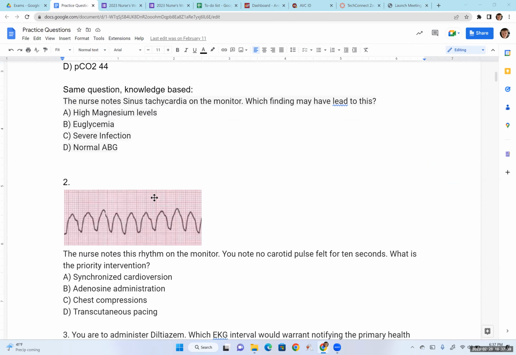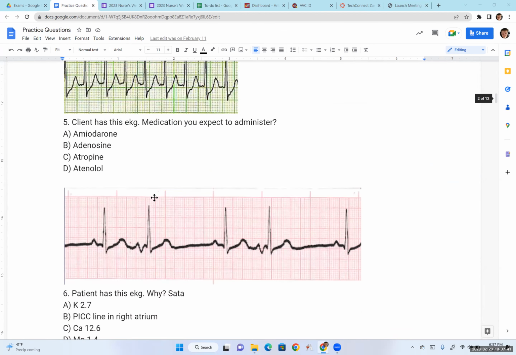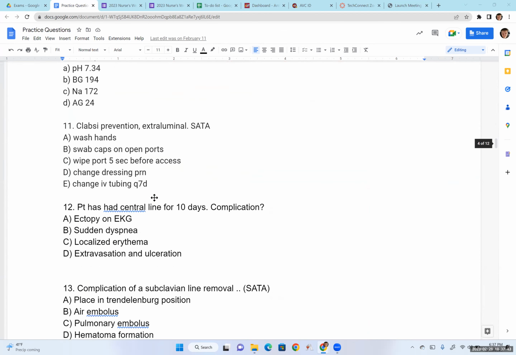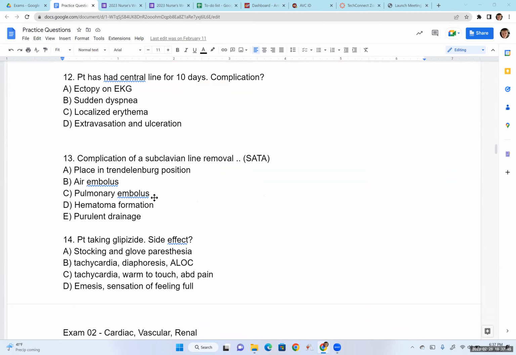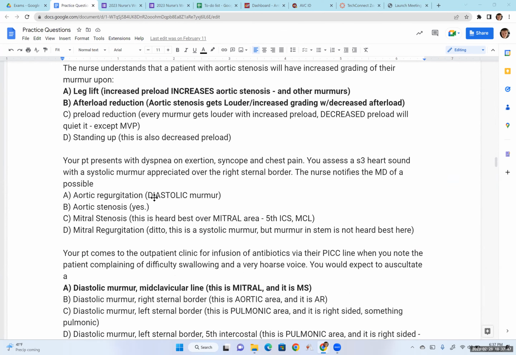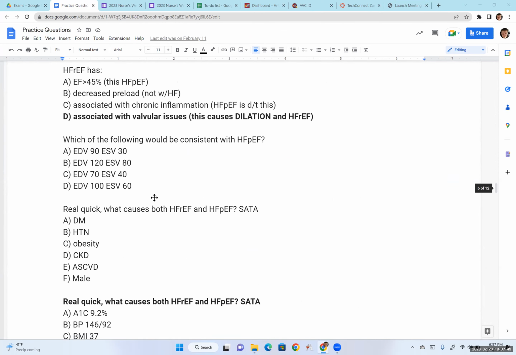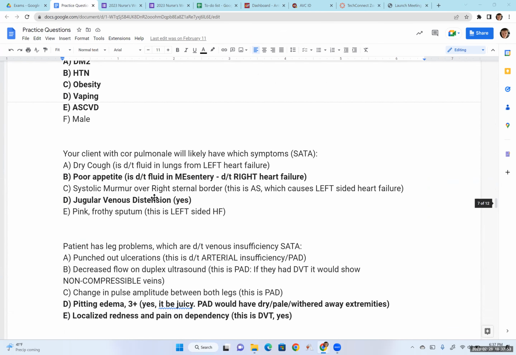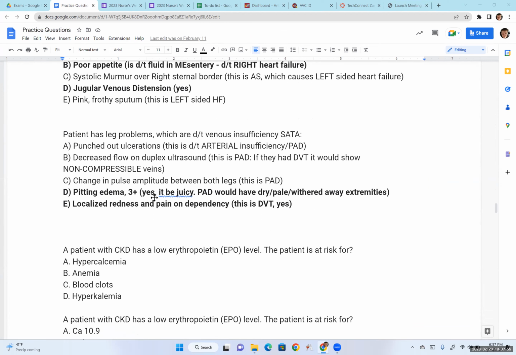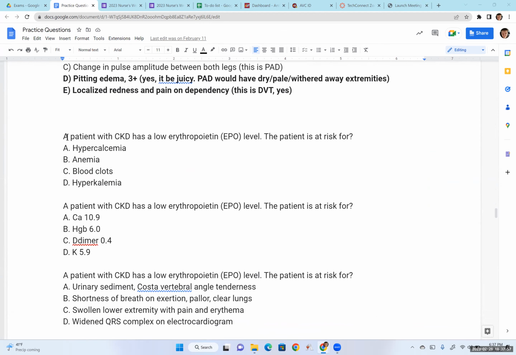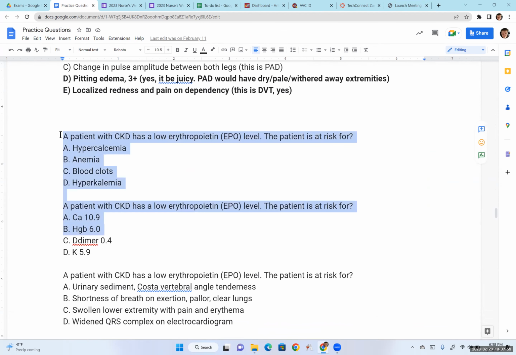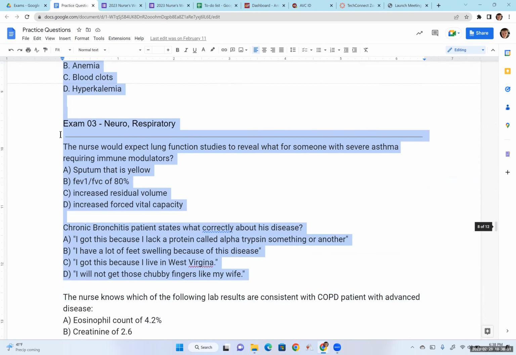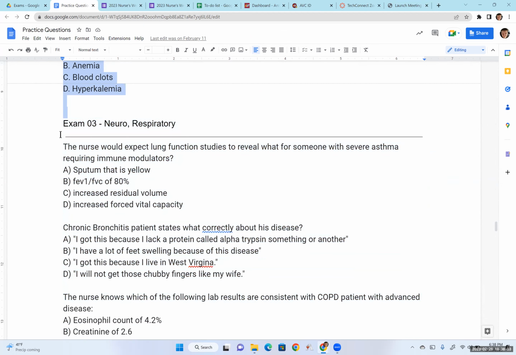All right, so let's see, because before I think the renal was grouped with other things, subclavian lines. This before was renal was grouped up above, but let's copy and paste these guys. All patient leg problems, CKD. There's only a couple of questions.